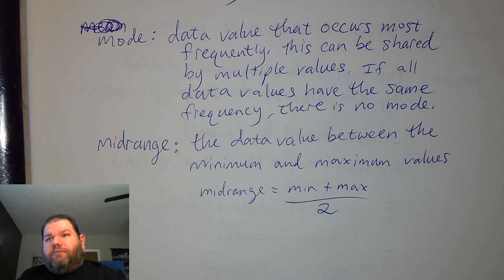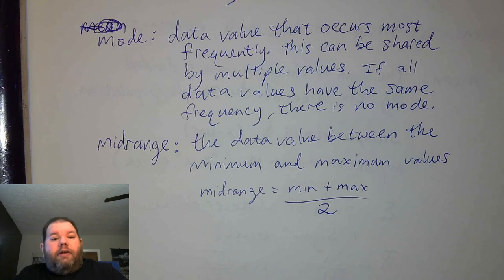Now, as far as the effectiveness of these, as far as how they determine the measure of central tendency, a lot of the times we trust the mean and the median most of all.